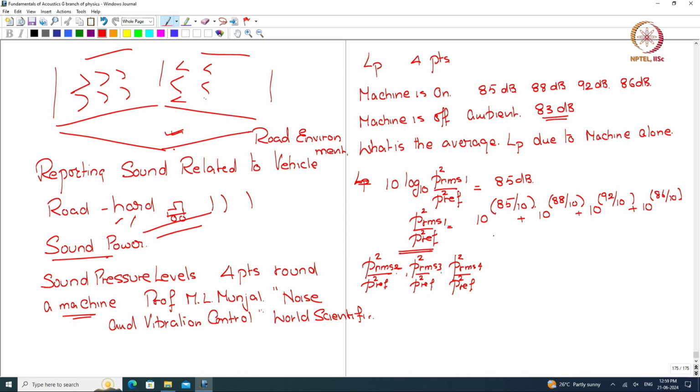And I divide this by 4. This is the averaged value in linear units.